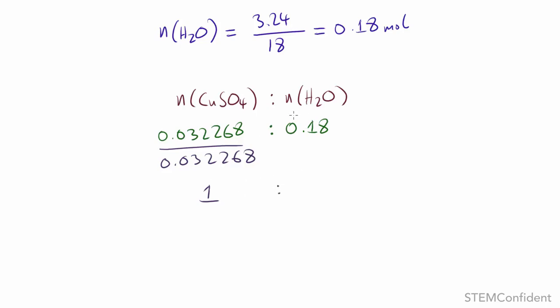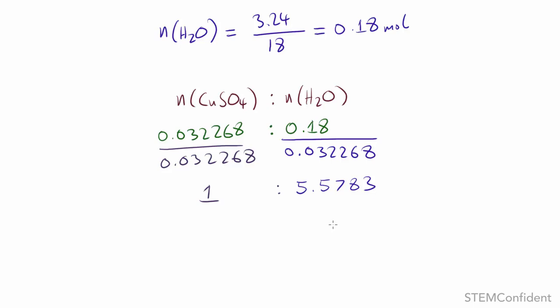And because we've done that to the left hand side, we also need to do that to the right hand side. So we also need to divide this by 0.032268. If you have a go at working out what value that's going to be, you should find that you get 5.5783.